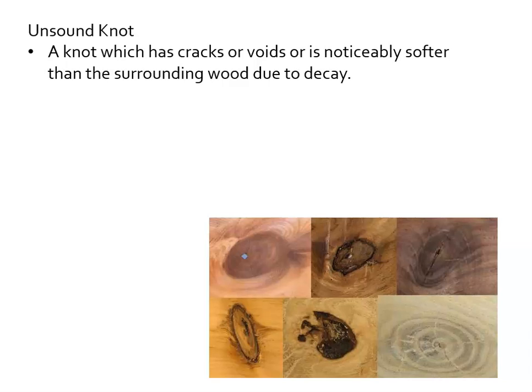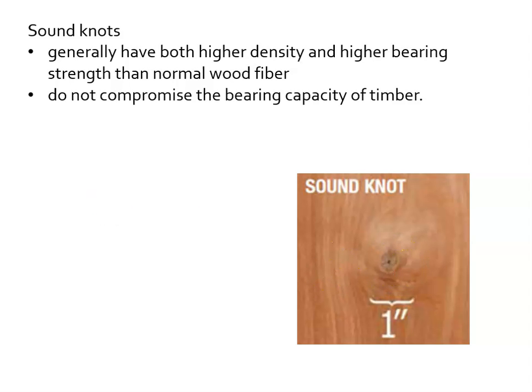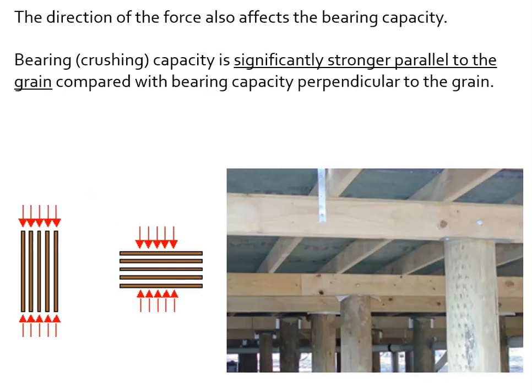All right, unsound knots. So unsound knots are ones that have cracks or voids and would be softer than the surrounding wood. And so here we see a lot of voids in there. So these would be unsound knots, as opposed to this one that we saw here, a solid sound knot. All right, and the direction of force also does affect the bearing capacity.